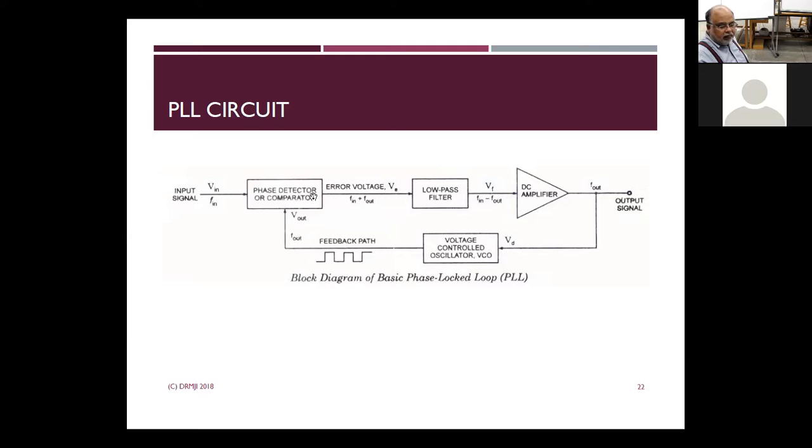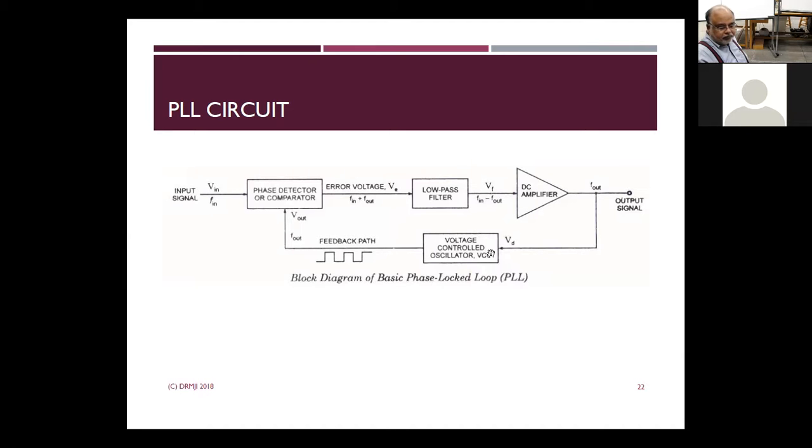So basically, you have an input signal here, and you have a phase comparator, and you have a local voltage controlled oscillator, VCO. Basically, if this voltage is zero, it has some F naught frequency, the center frequency, and it can go low and high above that center frequency. So, for example, if you are sending a 1 megabit per second signal here, this can be 1 megabit plus or minus a few hertz up and down.